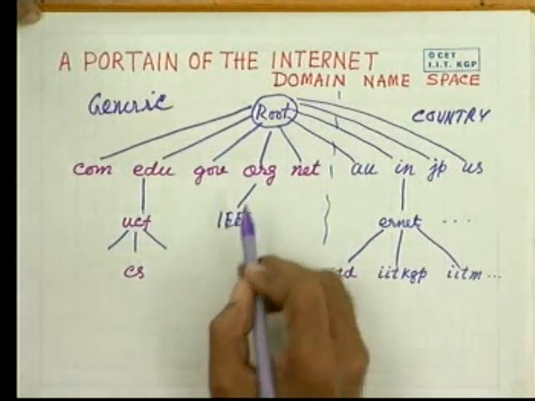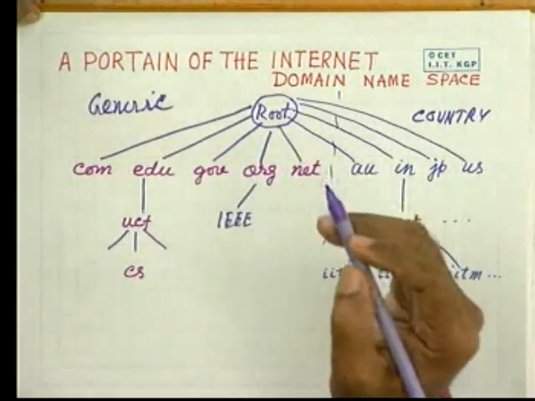Now it provides a very convenient way of giving names to a large number of systems. For example, earlier we have seen that authority for giving names was only with the Network Information Center, or NIC, which is a central agency, and obviously as the number of hosts and users increases, it is not possible.